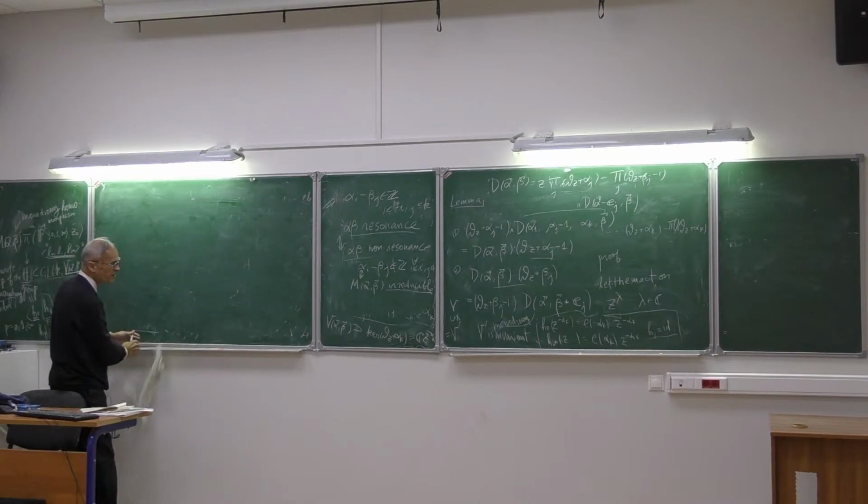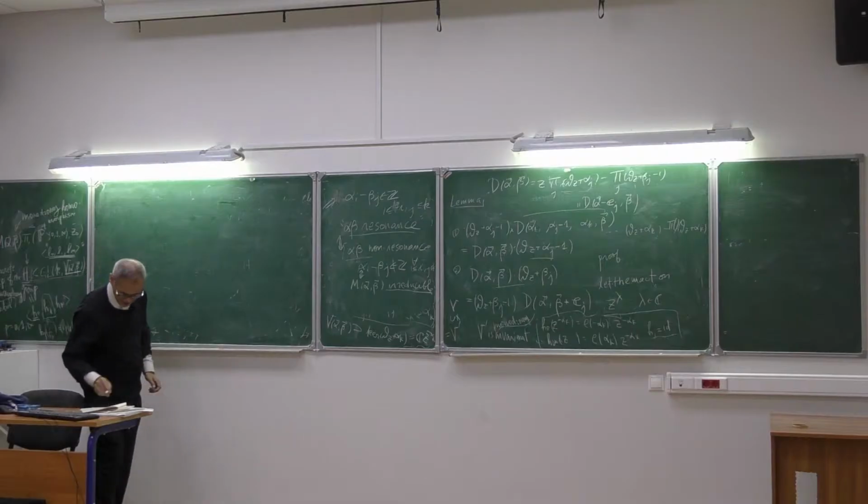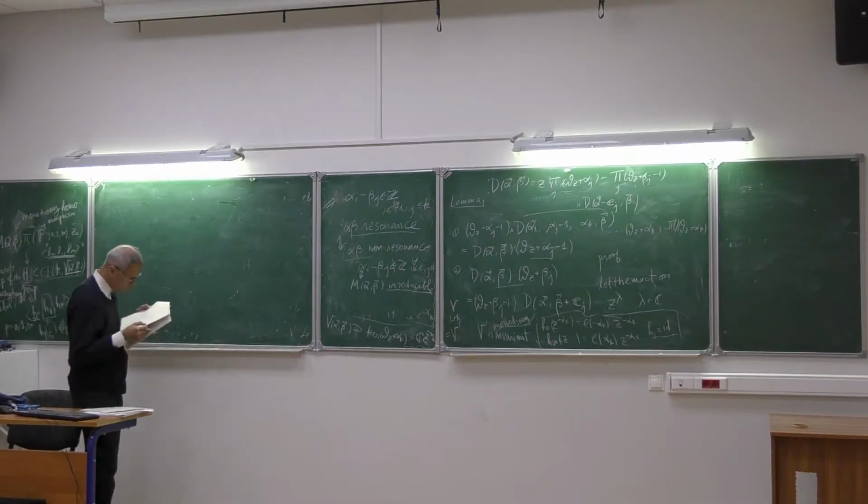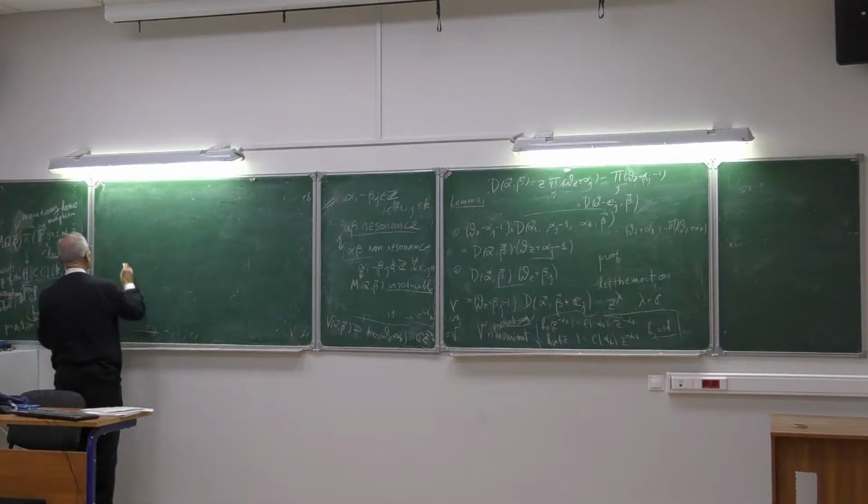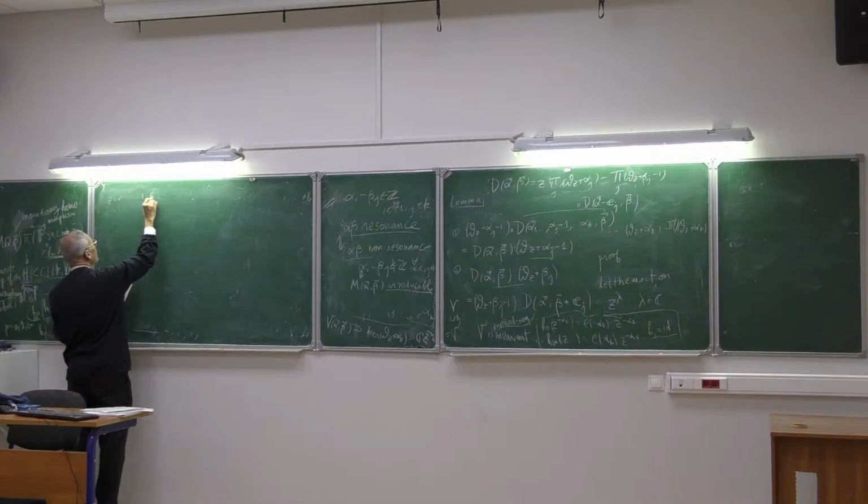So the proposition is that z equals 0 has characteristic exponents 1 minus beta_s, isn't it? And z equals infinity has alpha_s.